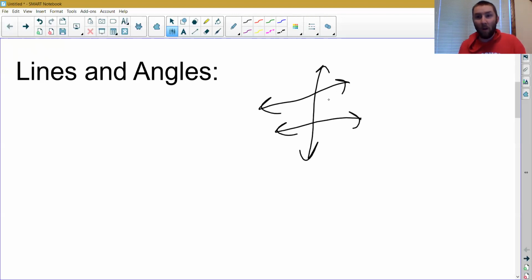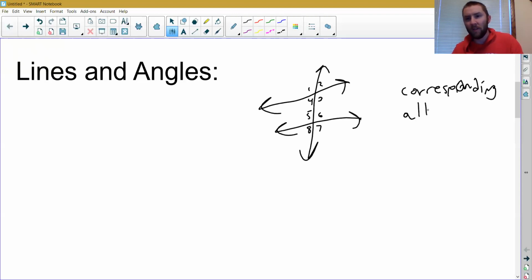We drew a whole neighborhood art project that looked like this, where we had all these different angles, and we were able to sort of talk about these different corresponding angles or alternate interior or alternate exterior, et cetera, right? So we talked about all those different angle relationships.